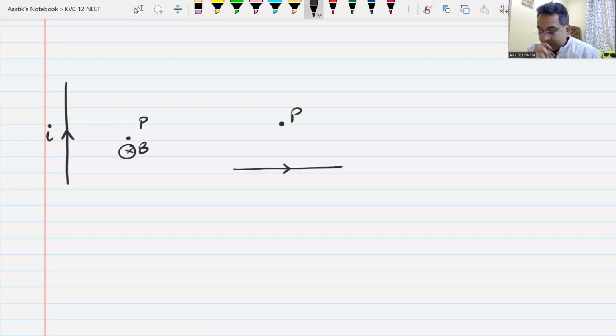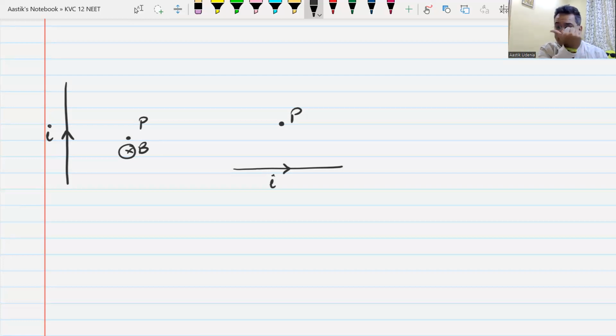Look at the direction of current. Draw the diagram on your paper and try to turn your fingers in that direction.